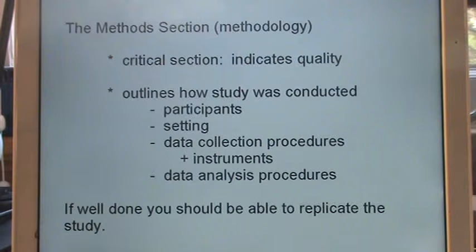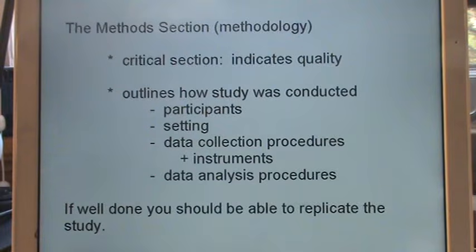It usually talks about the participants in the study, the setting, and the data collection procedures. Some kind of data is being collected, so how is that data being collected? Instruments: keep in mind that interviews and surveys are data collection instruments also, but there could be a thermometer or an MRI.